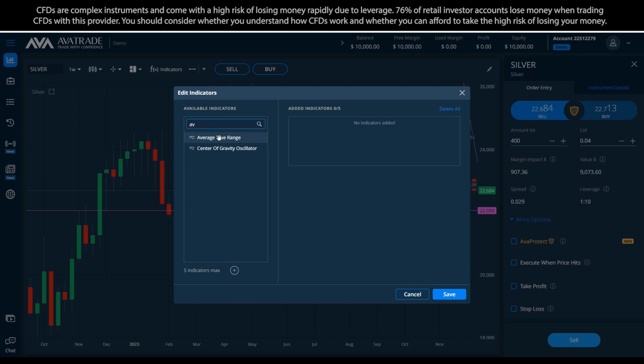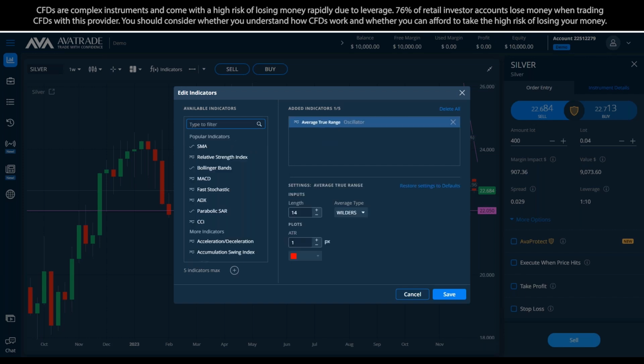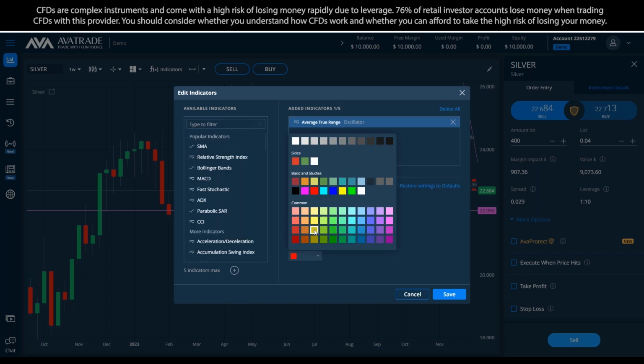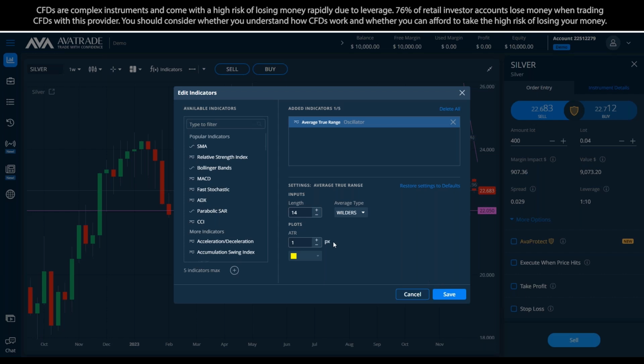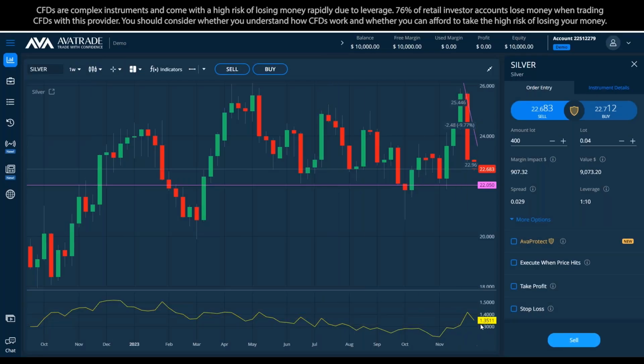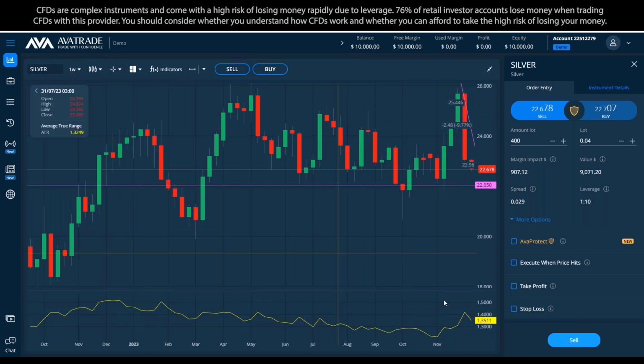We're working very commonly with this indicator. So the average true range, I'm just going to drag it, and then I'm going to change it to yellow. I don't know why. I'm just going to change it to yellow and click here, save. And there we have it. We now know that the actual average for silver, the average true range, is 1.3511.